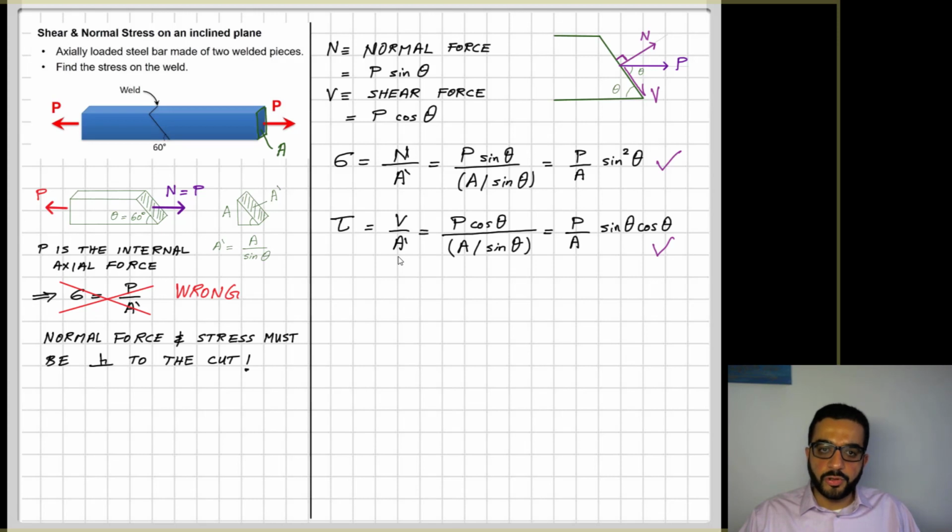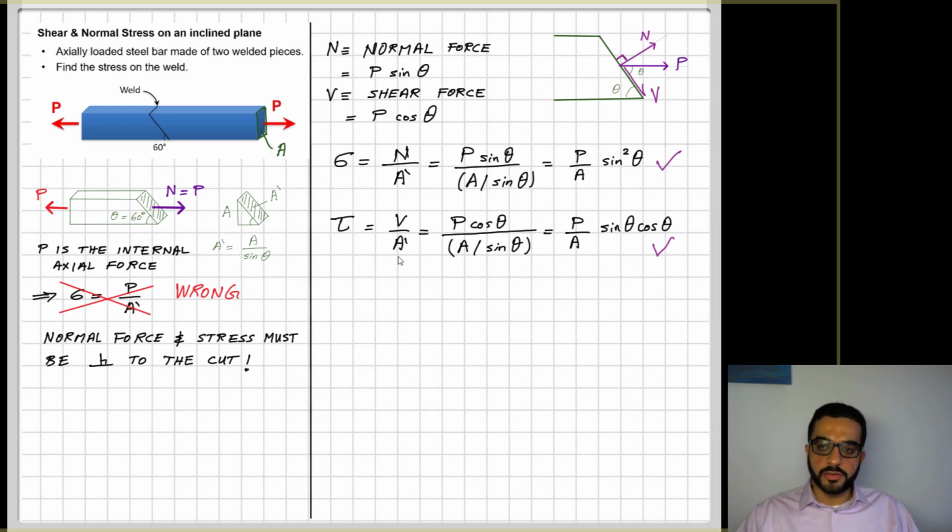So be careful of your cut when trying to figure out the stresses at a point. The way you cut at this point makes a big difference, because once you cut and you want to calculate the type of stresses we have, which are normal and shear, you have to follow the definition. Normal force should be perpendicular to the cut.